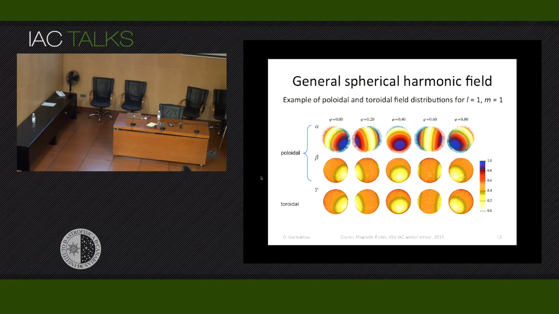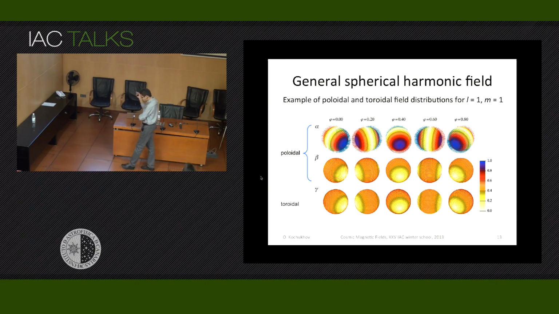So for the poloidal component, we have the radial field, which corresponds to alpha coefficients. We have the horizontal component, also corresponding to beta coefficients, and we have the toroidal component. And for the toroidal component, magnetic field lines are going like this.